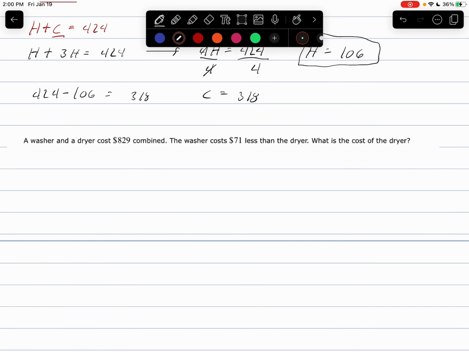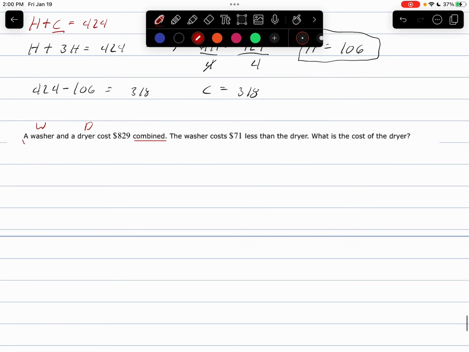Okay, so let's assign variables. We'll start here with W for washer and D for dryer. Or more specifically, W is the cost of the washer and D is the cost of the dryer. But either way. Okay, but then we know that together, combined, they cost $829. So a washer and a dryer cost $829 combined.